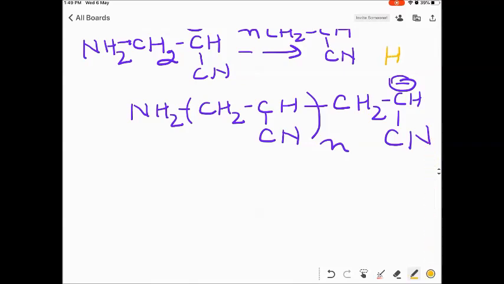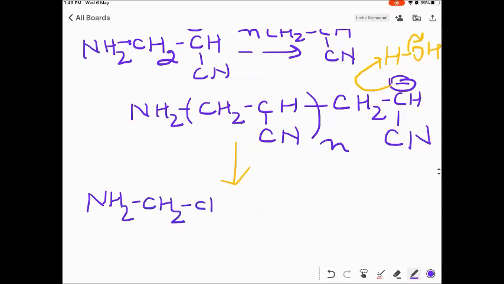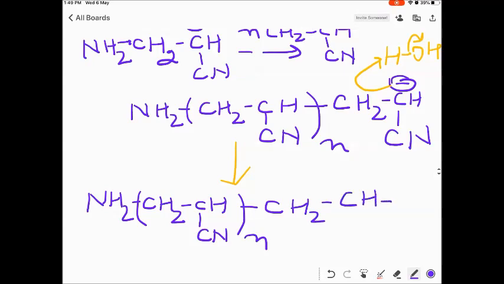For example, if water is present as a solvent molecule, this nucleophile will attack the proton and hydroxyl ion will be eliminated, and finally the polymeric substance is obtained. So this is an example of how you can synthesize polyacrylonitrile using the anionic polymerization technique.